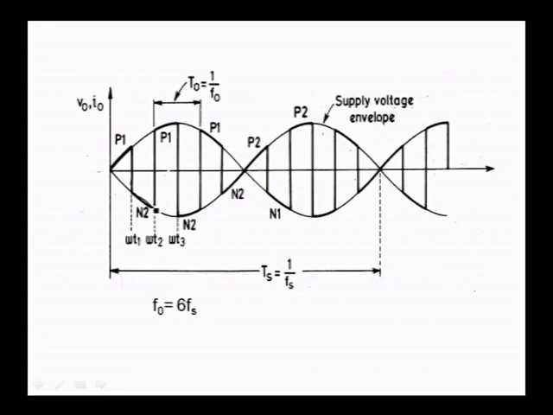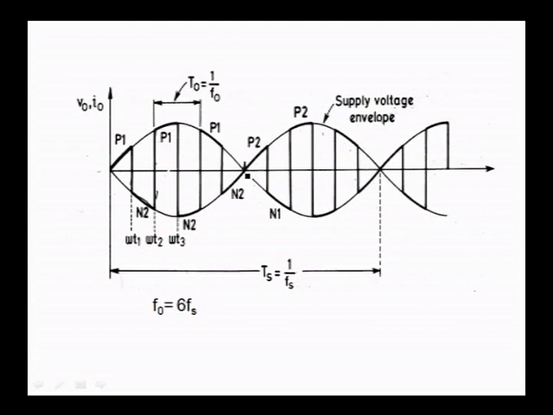So, N2 is force commutated, now P1 is turned on, it follows the positive envelope. So, this is how we get an envelope up to 180 degrees.